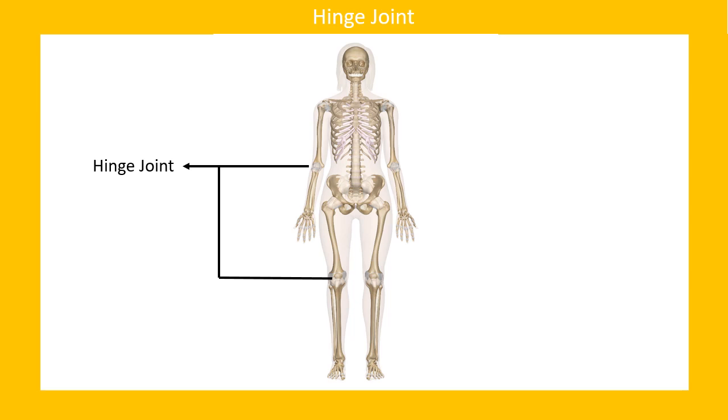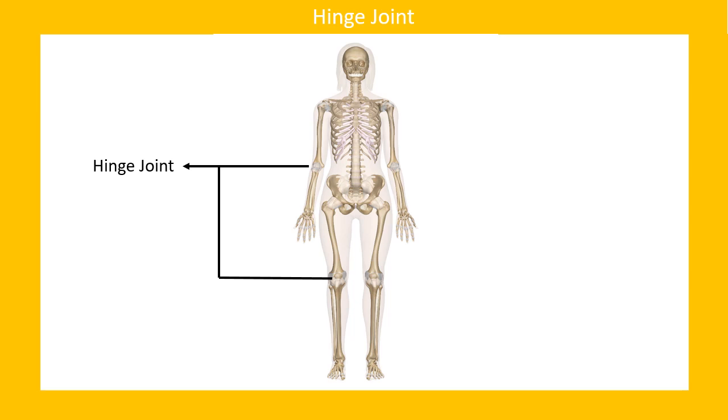As in our knee and elbow, it allows movements like the opening and closing of a hinged door, but in one direction. You can bend your leg because of hinge joints, but only in one direction, as you can see with the hinge on a door.